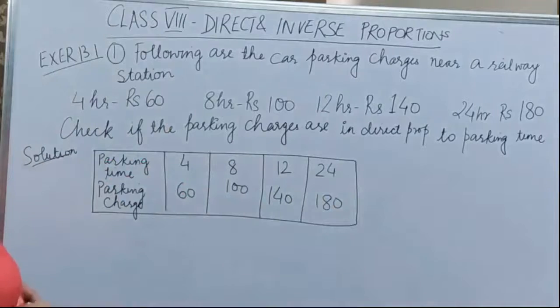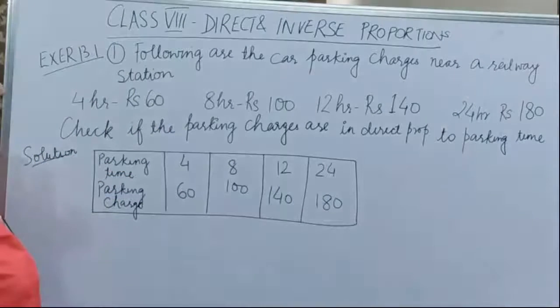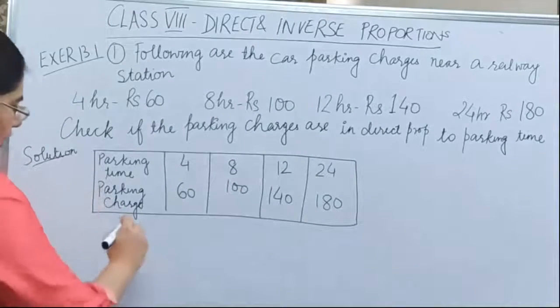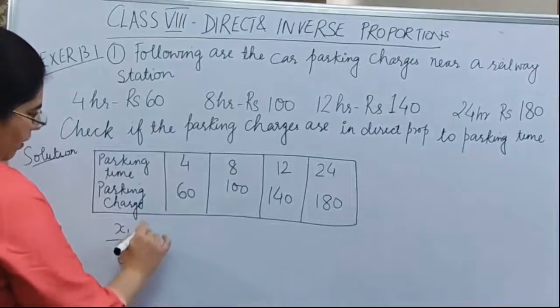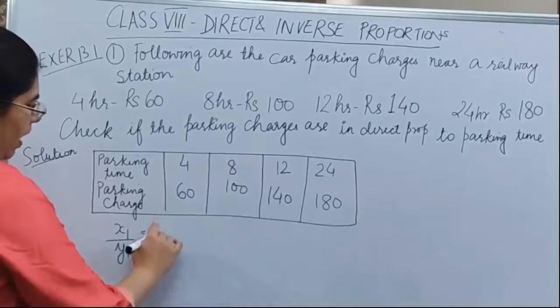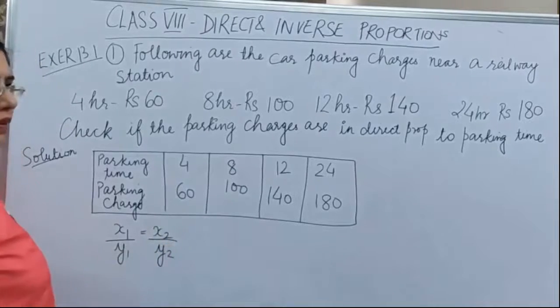Now, in order to check whether these two quantities are in direct proportion, we just have to check whether x1 upon y1 is the same as x2 upon y2. Yes or no?